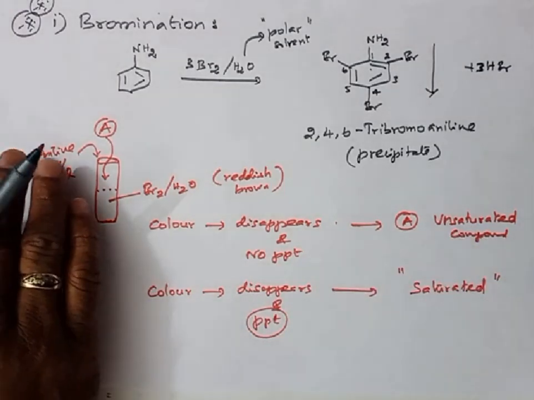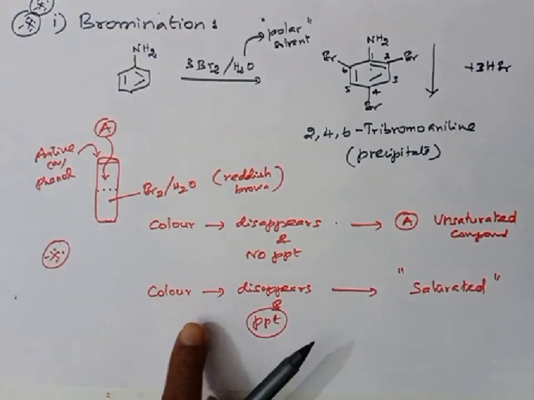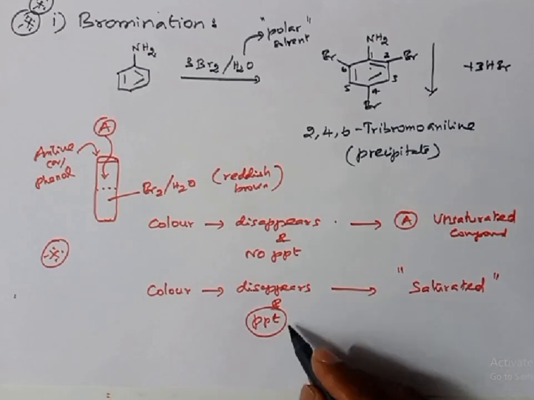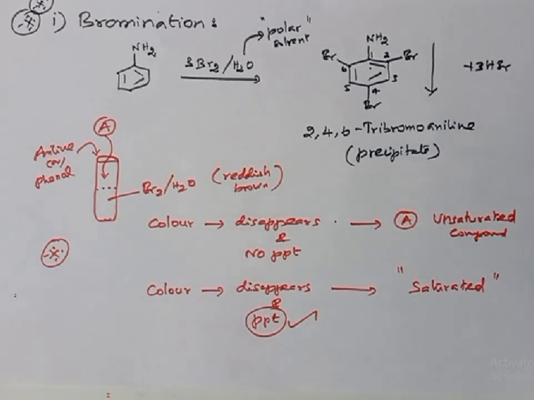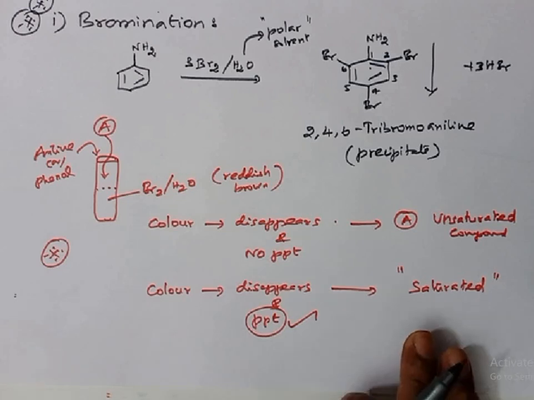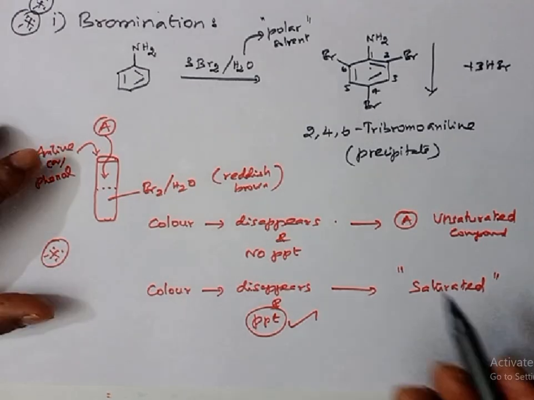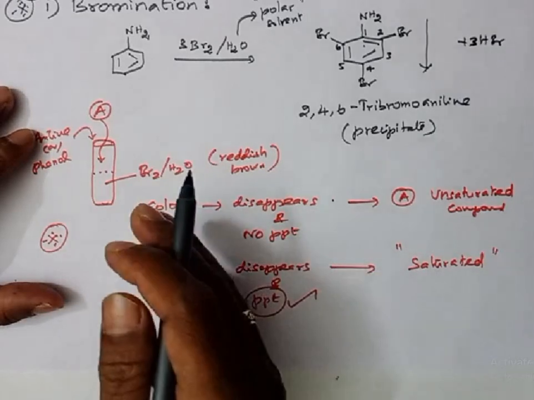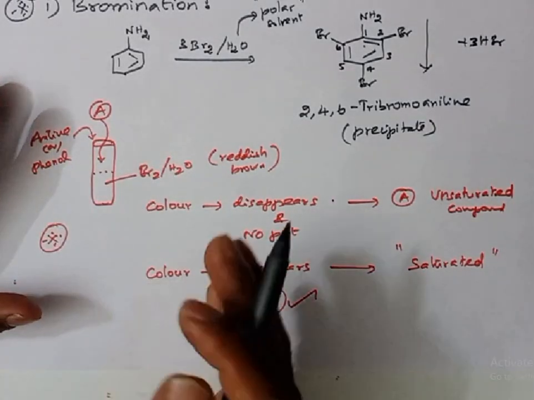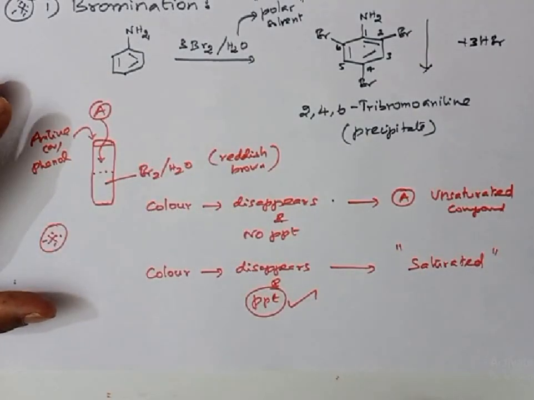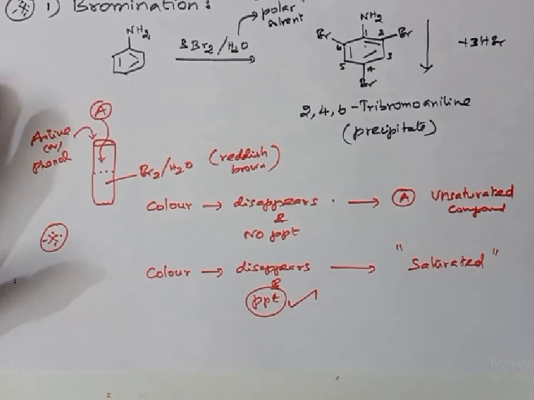But with aniline and phenol, the color disappears, but you get a white precipitate. So if a white precipitate appears, it means the compound is not unsaturated. It is actually a saturated compound, but easily brominated. That is the meaning of this reaction.